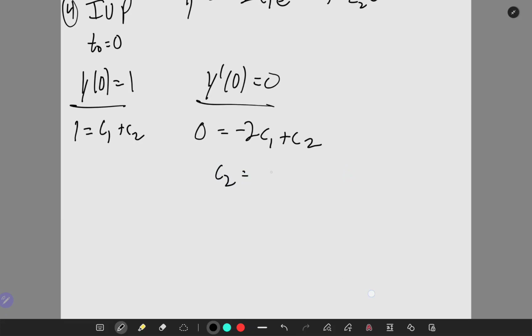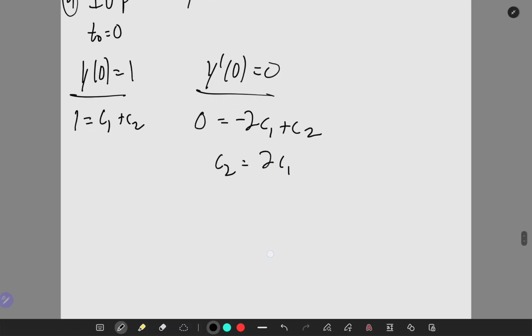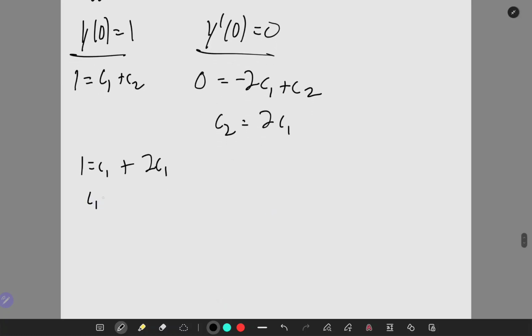So, for this one, c2 is equal to 2c1. So then we plug that in over here. 1 is equal to c1 plus 2c1. So 3c1 is equal to 1. So then c1 is equal to 1/3. Plug that back in over here, and we get c2 is equal to 2/3. Right?